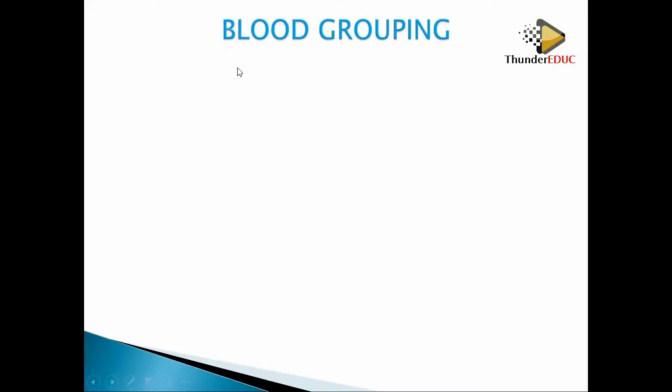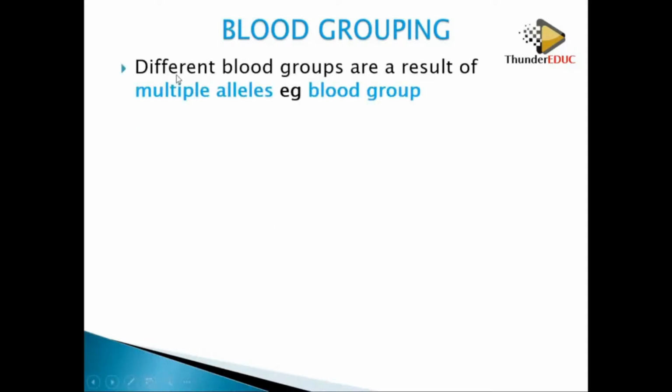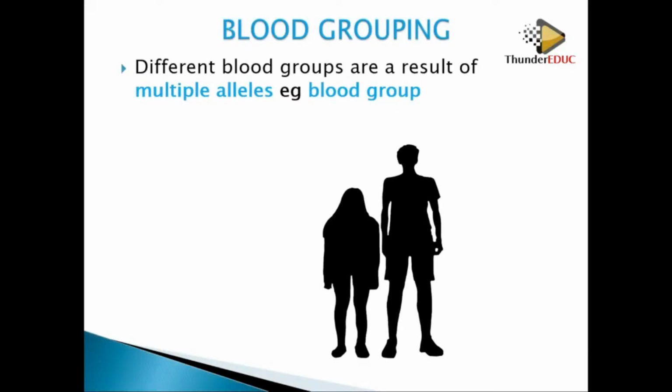Let's look at blood grouping. Do you know your blood type? Different blood groups are a result of multiple alleles. When you talk about an allele, we say that it is an alternative form of a gene. For example, let me talk about height. You might be tall or you might be short.